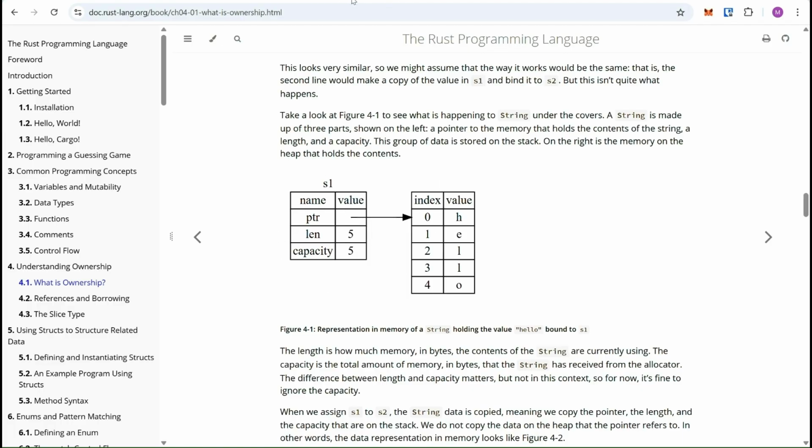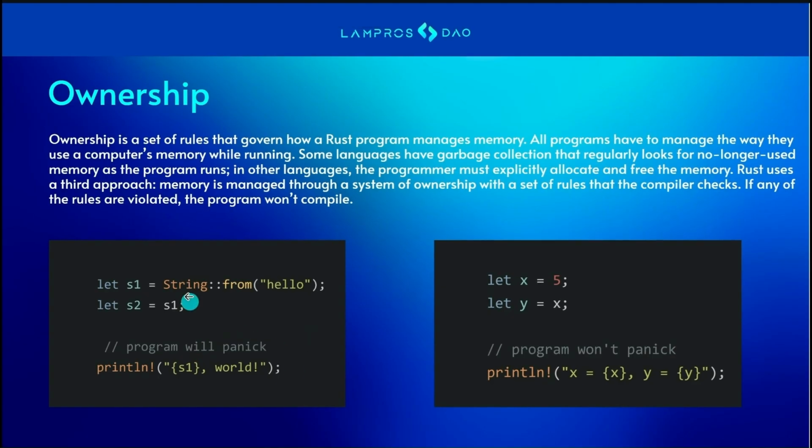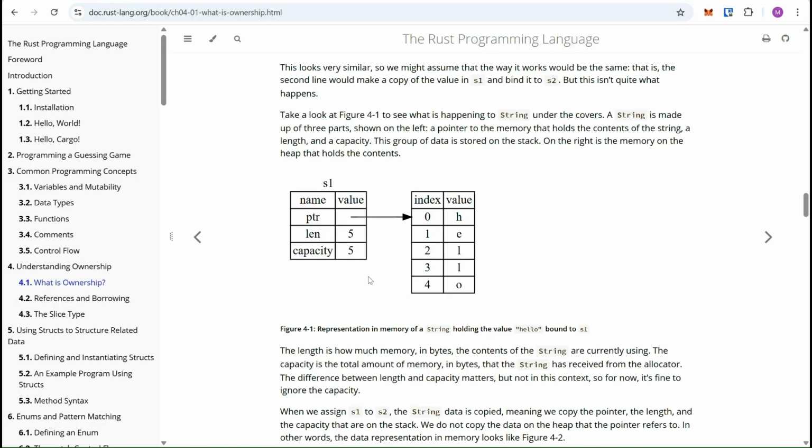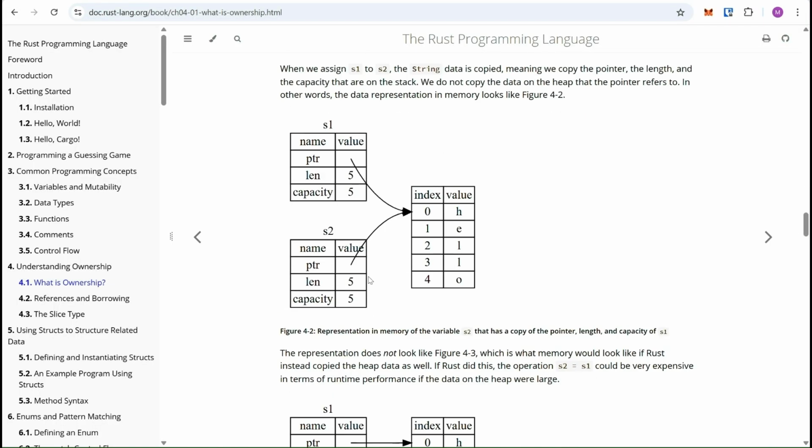So what happens when you do let s2 = s1? In memory it will be like this. Another pointer is created which points to the same data that s1 was pointing to. Once s1 goes out of scope, a drop function is immediately called.